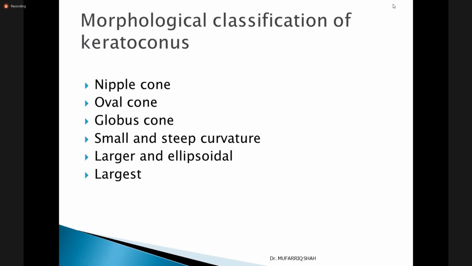So, morphological classification of keratoconus includes nipple cone, oval cone, globus cone, small and steep curvature, large and ellipsoidal, and largest cone. You need to consider the type of cone when you want to go for fitting of RGP contact lenses.